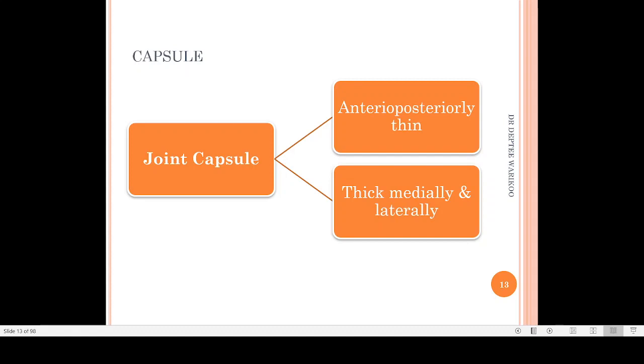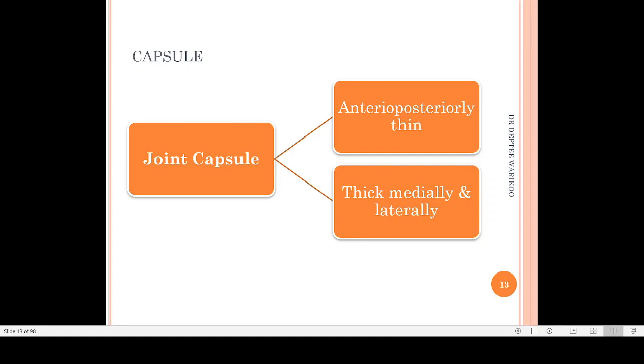Now the capsule and the ligaments. First the capsule, the joint capsule of the ankle joint is fairly thin and especially weak anteriorly and posteriorly. Therefore, the stability of the ankle depends on an intact ligamentous structure.